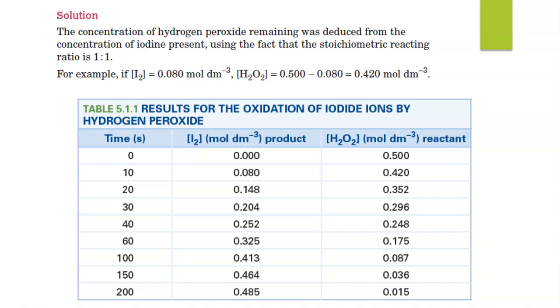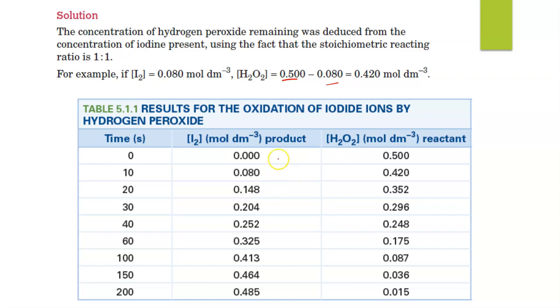The concentration of hydrogen peroxide remaining was deduced from the concentration of iodine present. Remember, this was monitored using the fact that the stoichiometric reacting ratio is 1:1. So for the measured concentration of iodine, because it's 1:1, the concentration of H2O2 is going to be our initial concentration of the hydrogen peroxide minus the amount that will have reacted, which will be equal to the number of moles of iodine.